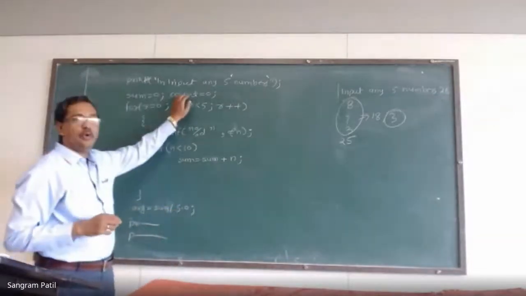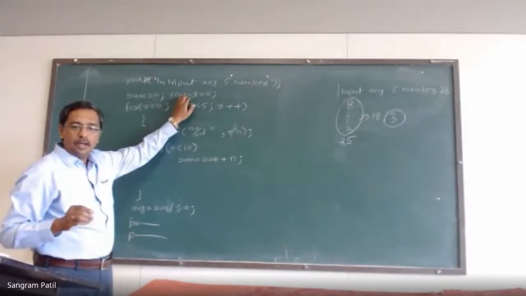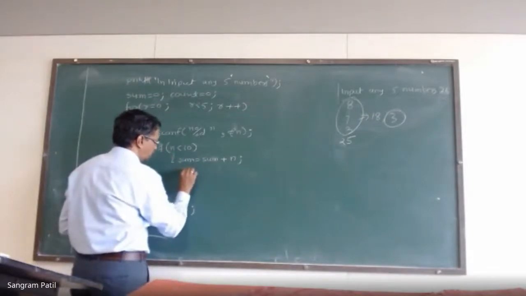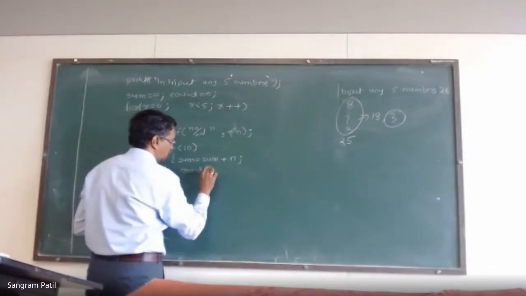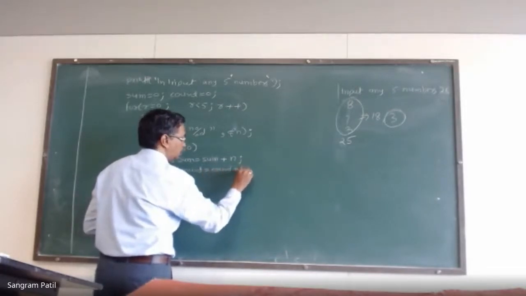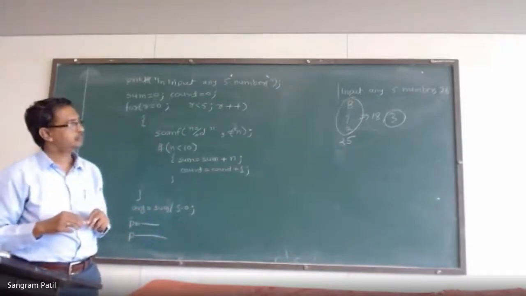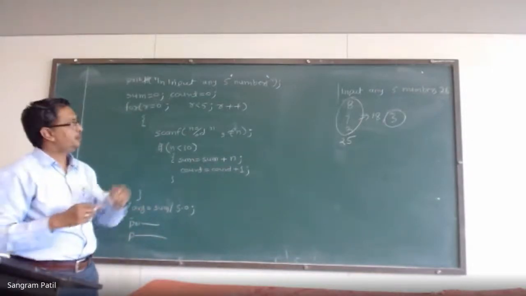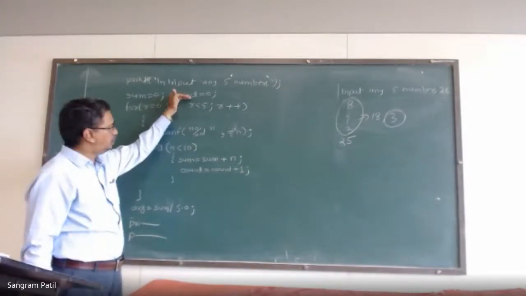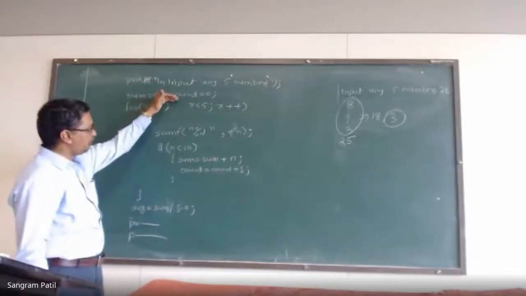So we have to take one more variable to find out how many numbers are less than 10, to be used here. Like this. Take one variable extra, count equal to 0.